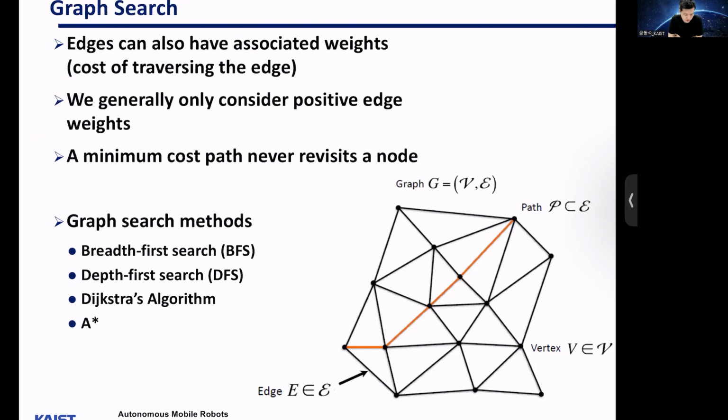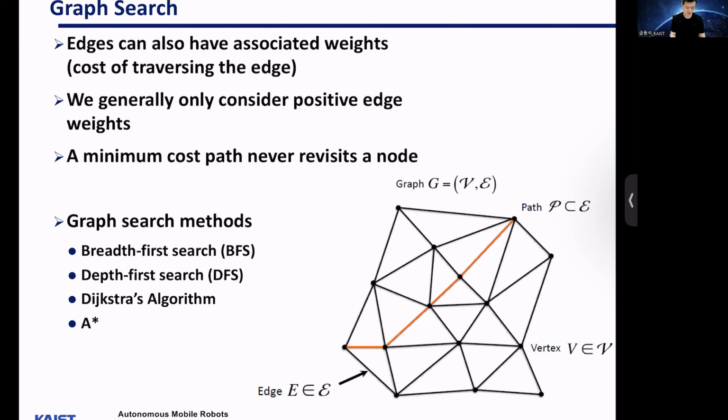Graph search problem. Edges can also have associated weights, cost of traversing the edge. We generally consider positive edge weights. A minimum cost path never revisits a node.